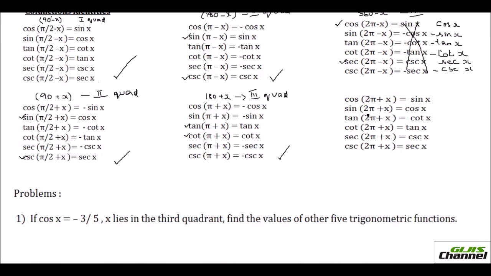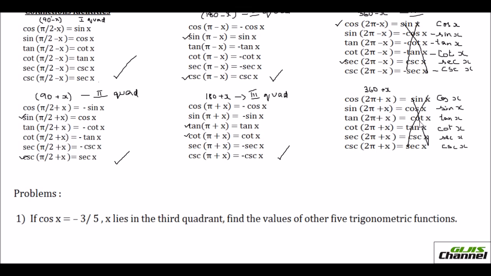Similarly, here it is 360 plus x, so I would change here also. This is wrong. Here, since it is 360, your cos will remain as cos, sine remains as sine, tan remains as tan, cot as cot, secant as secant, and cosecant as cosecant only.